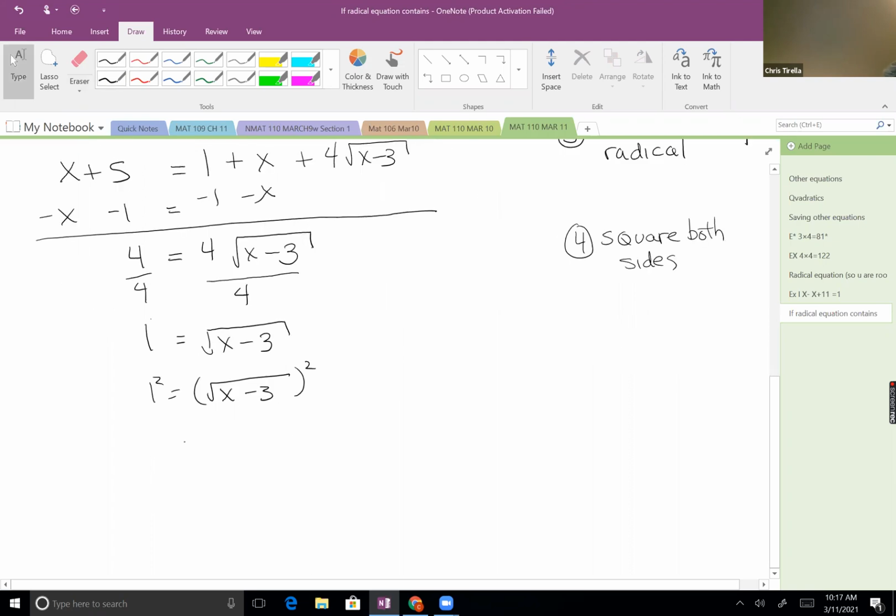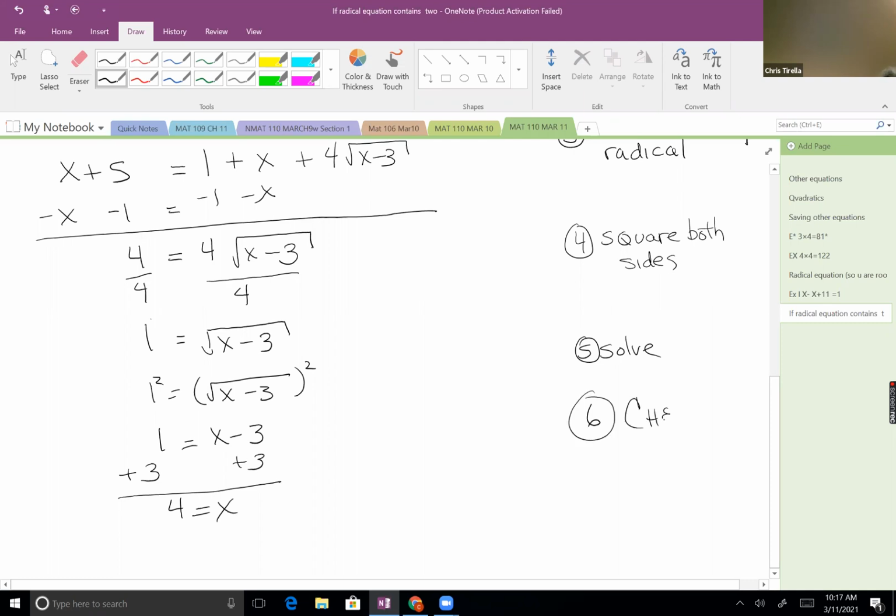Gives me 1 equals x minus 3. And now we can solve. Let's add the 3 to both sides. Gives me 4 equals x. And again, with these, I really do want to check.